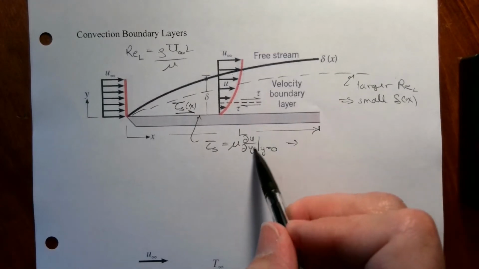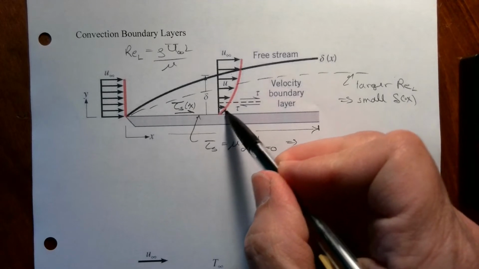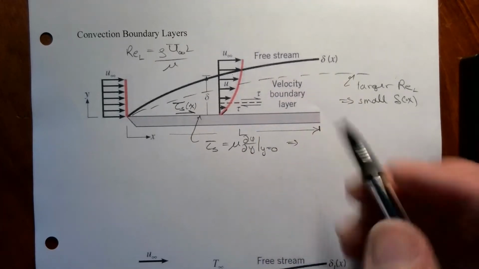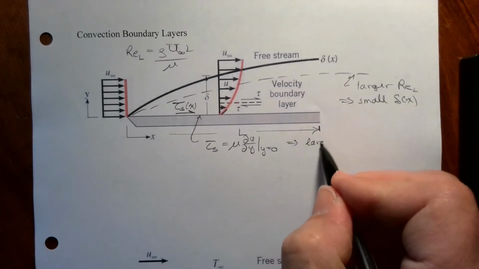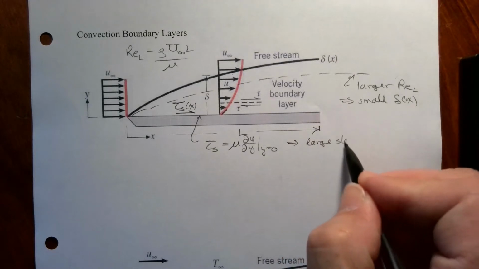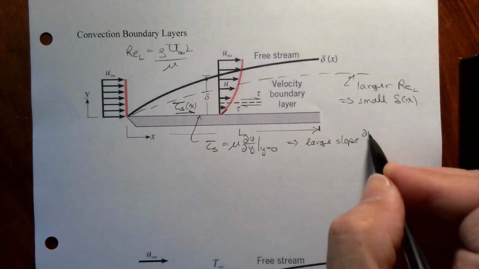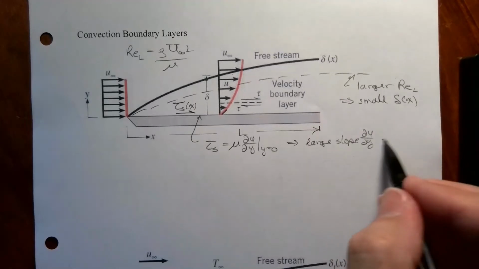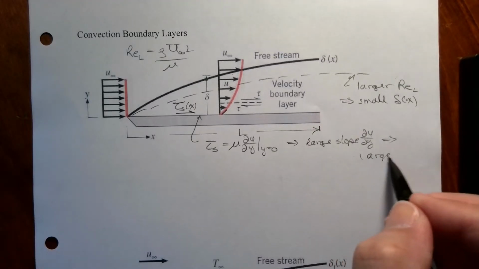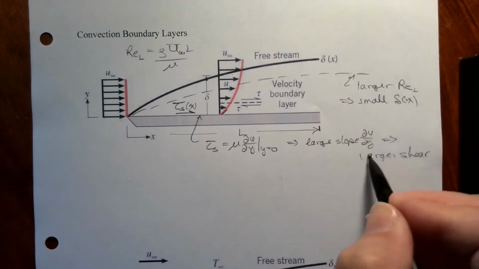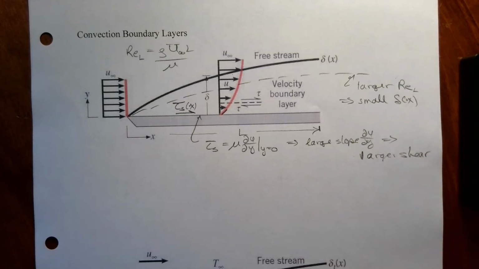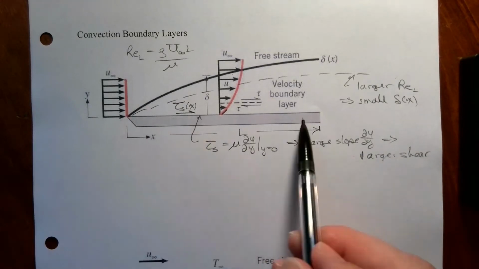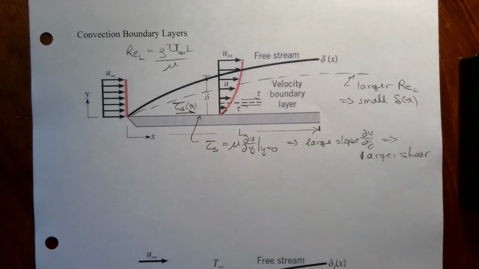Okay, so the larger this slope, so this slope right here, the more shear. A larger slope, partial of u with respect to y, implies larger shear. And then ultimately, if you add up that shear over the entire surface, a larger force to hold the plate in place, or a larger drag force.